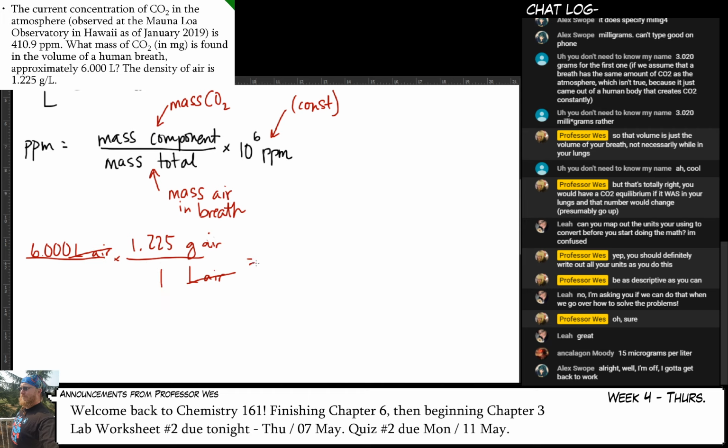So that means that a 6-liter sample of air would have 7.350 grams of air. So that's my mass of air. That goes right here in the mass total. I now know everything that I need to get to CO2.